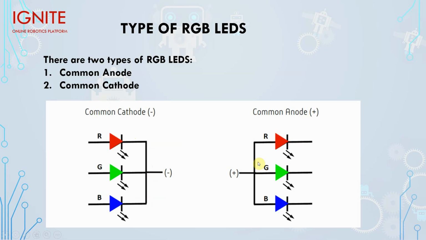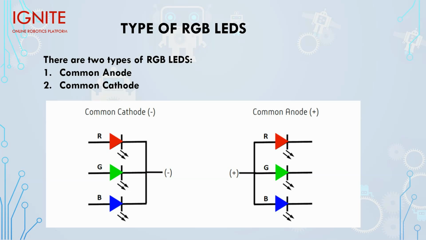So there are two types of RGB LEDs available. Some RGB LEDs are common cathode, some are common anode. In the market, if you buy the LED, it may be common cathode or common anode. You can identify that just by giving power from a battery to the LED.